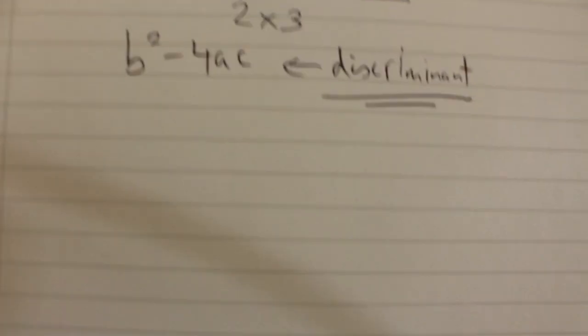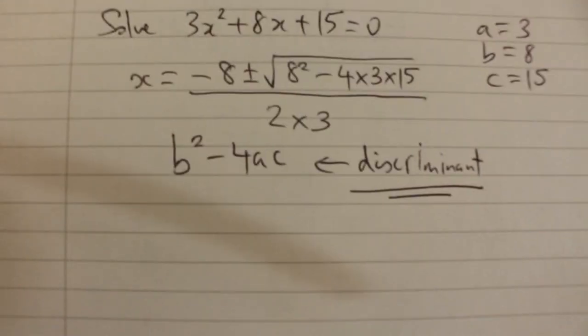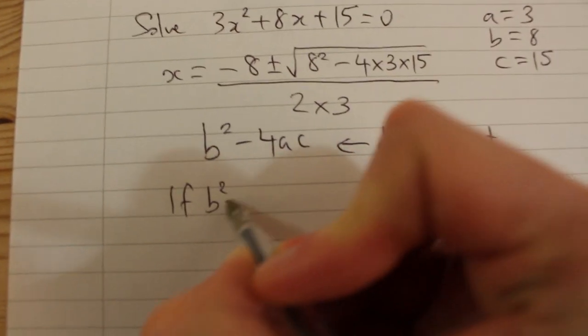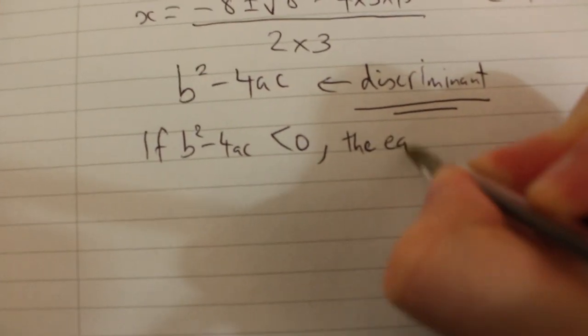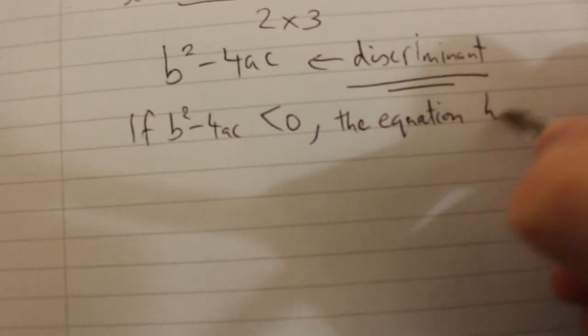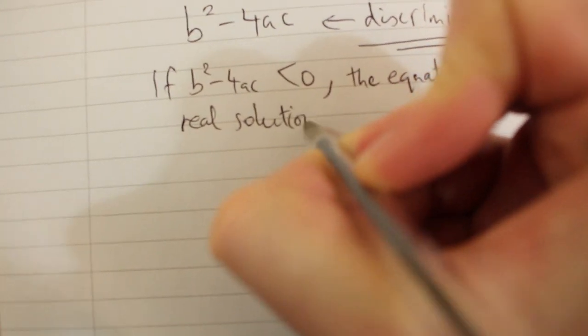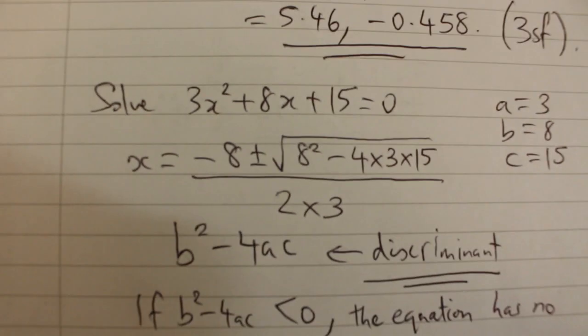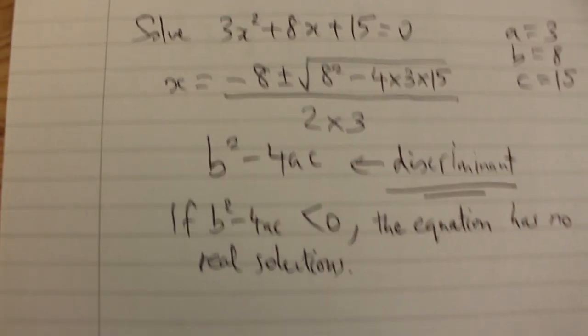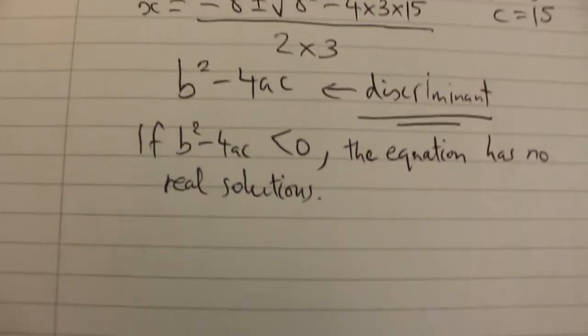So if this expression, the discriminant, is negative, then the equation has no real solutions. So this equation, 3x squared plus 8x plus 15 equals 0, doesn't have any real solutions.